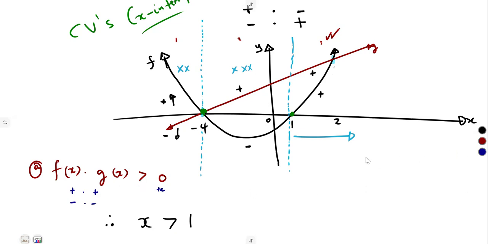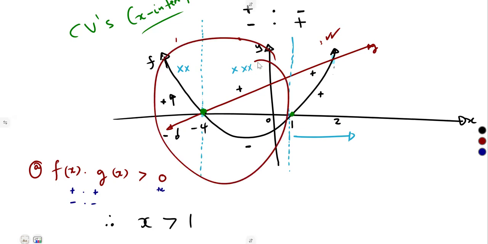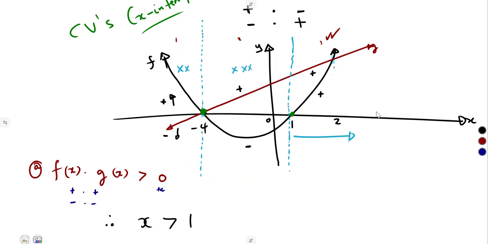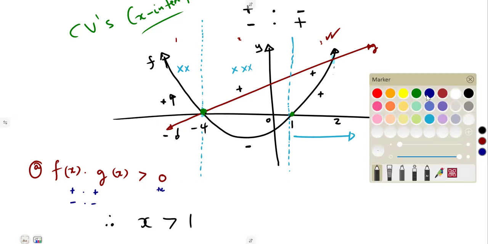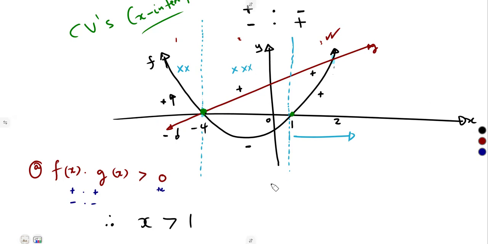So what does it mean about these two regions, which do not satisfy this condition? It means they are the ones that will satisfy the other case. Let's say the question was f of x times g of x is less than 0. It can be less than or equal to, or less than 0, where the product of these two is supposed to give us a negative value.